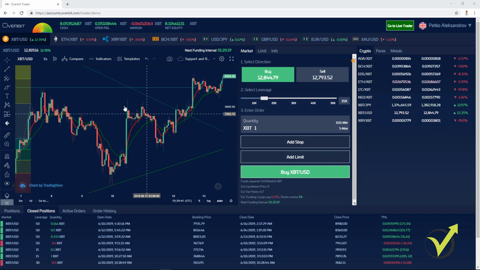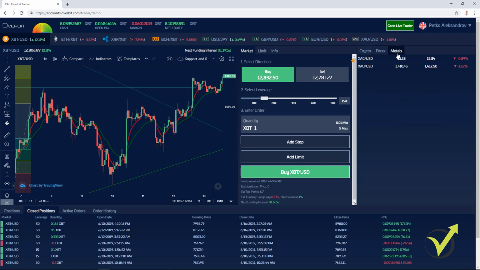Alright, so now if you look at the big screen, you will see that we have the chart on the left side in the middle. Then we have the market from where we are able to buy and sell the asset. On the right side we have the crypto assets that are available for trading, the forex and the metals, and below you have the positions as well.